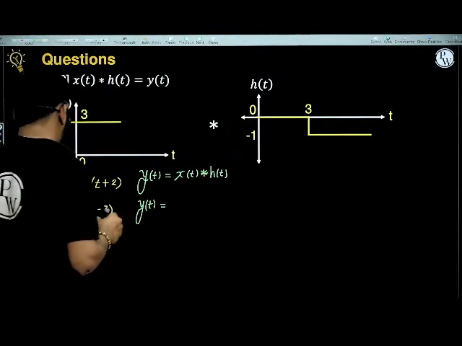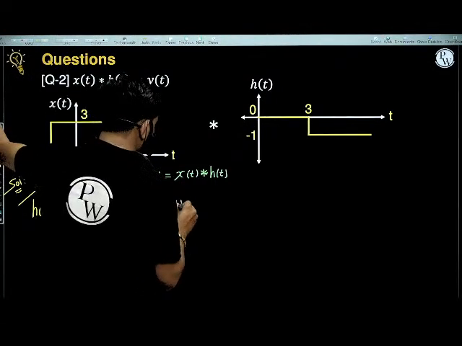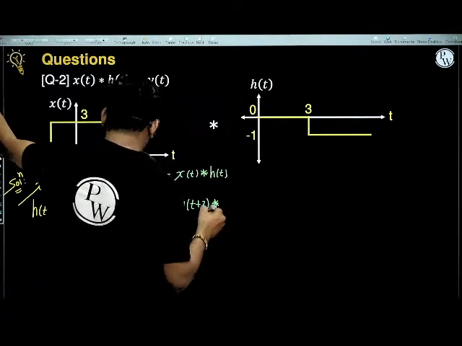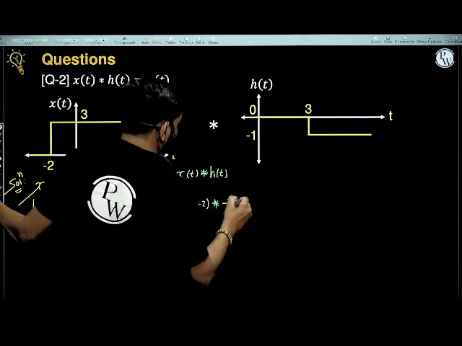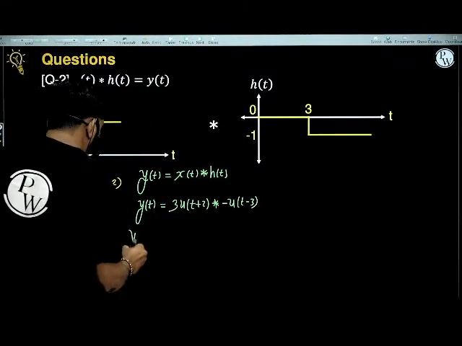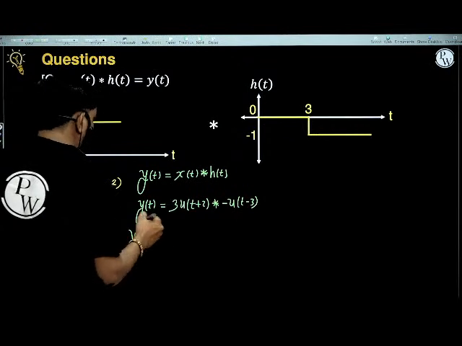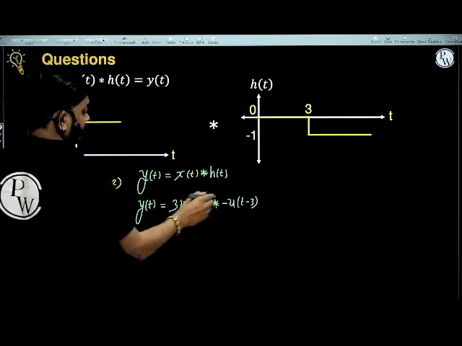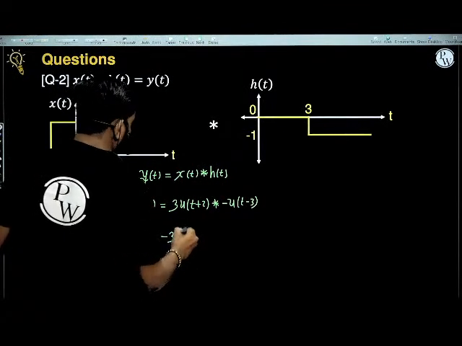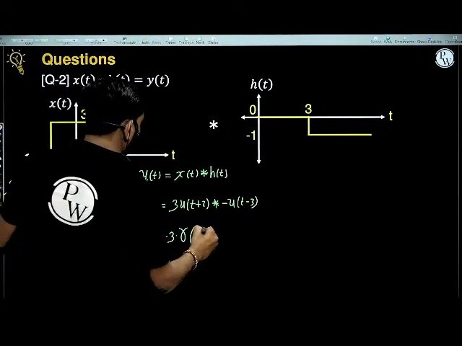So y of t is equal to x of t, so 3 u of t plus 2, convolution with minus u of t minus 3. Now we know that the convolution of u of t with u of t is nothing but the ramp function. So 3 into minus 1, so here the amplitude is minus 3, and the ramp function at t plus 2 here.